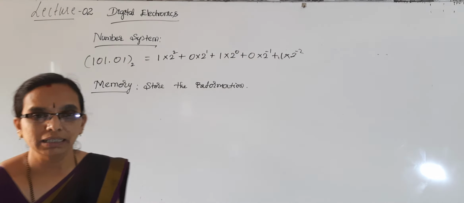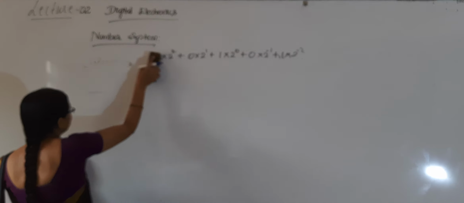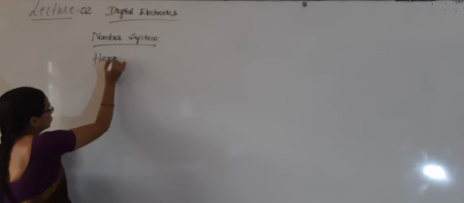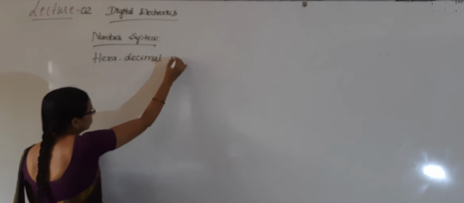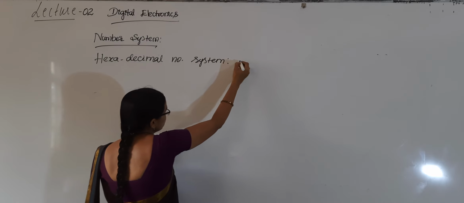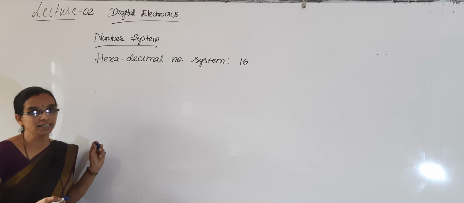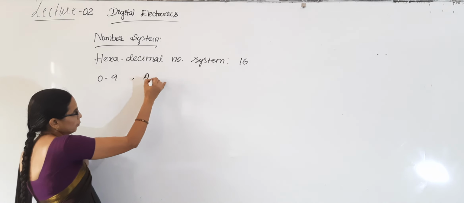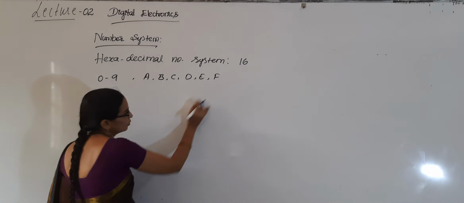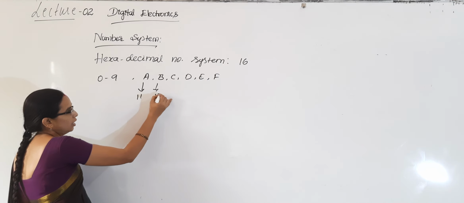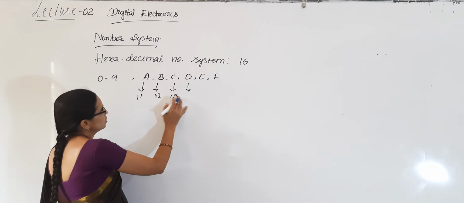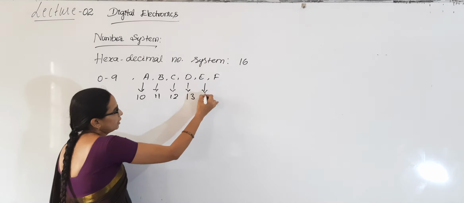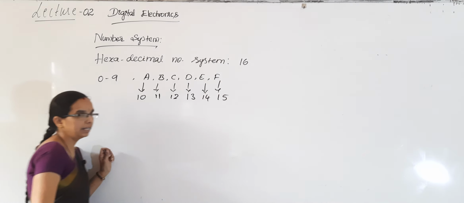The last topic in the number system is the hexadecimal number system, which uses 16 different symbols: 0 to 9 and A, B, C, D, E and F. A represents 10, B is 11, C is 12, D is 13, E is 14 and F is 15.